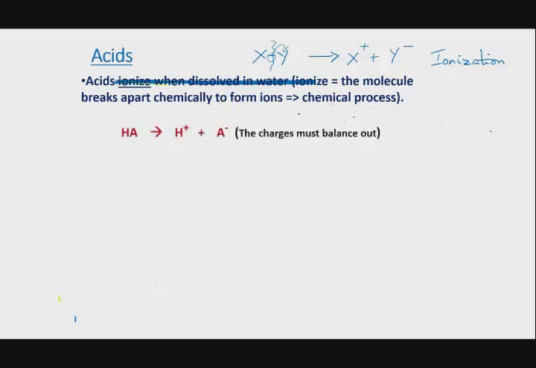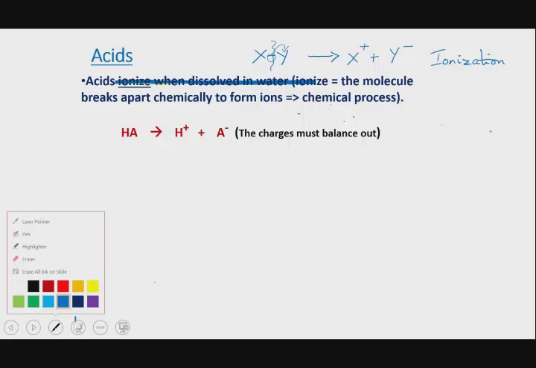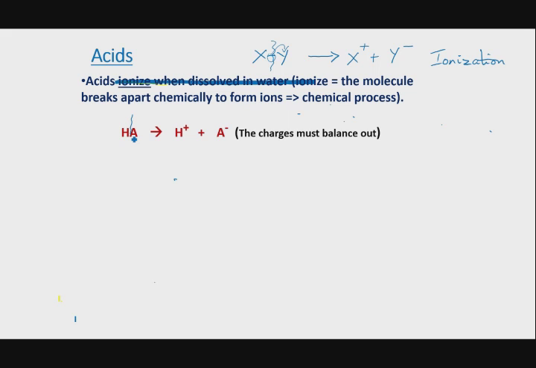When you dissolve an acid, the molecule will break up to create ions. This is how we represent an acid, HA. H is the hydrogen that is the acidic hydrogen, and when it dissolves in water, the molecule HA breaks up such that the hydrogen atom or atoms that are acidic, that were written in the front of the chemical formula, all become H+ ions.